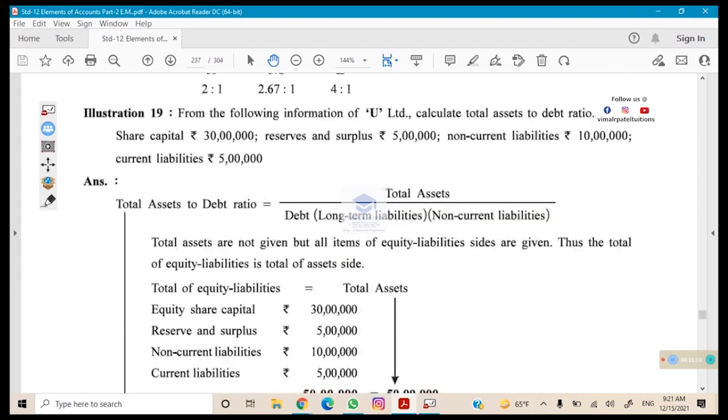Now, illustration 19. From the following information of U Limited, calculate total assets to debt ratio. Share capital, reserve and surplus, non-current liability and current liability are given. The formula for total asset to debt ratio is total assets upon long-term liability.